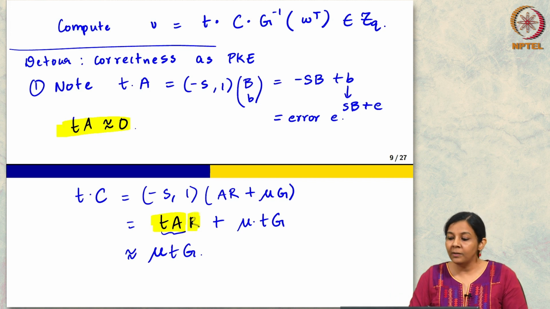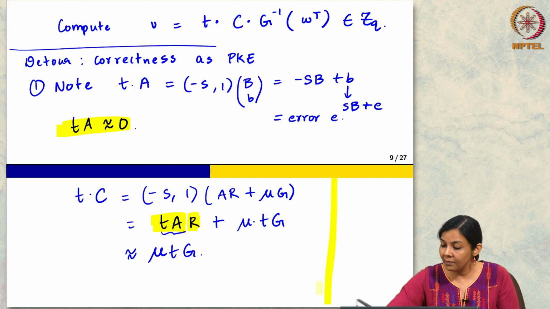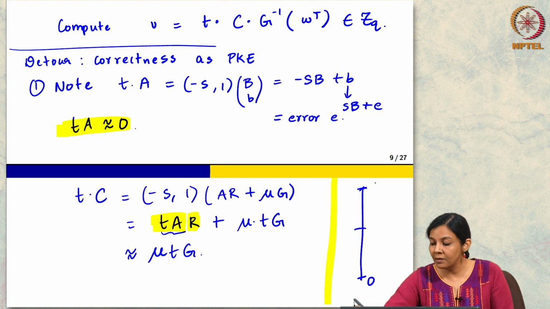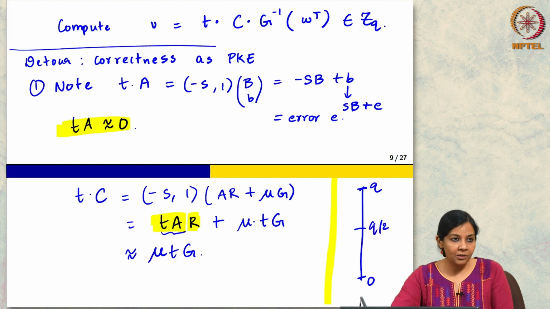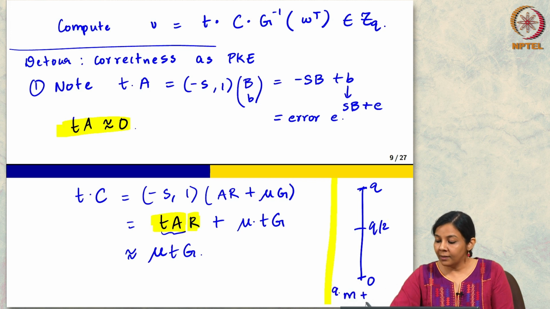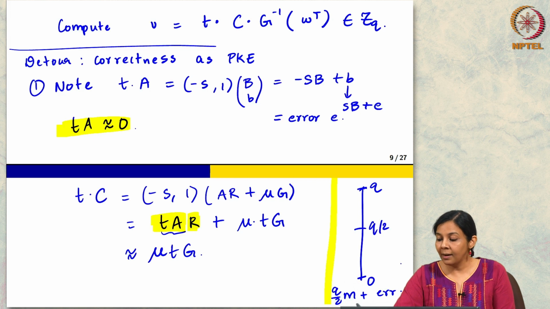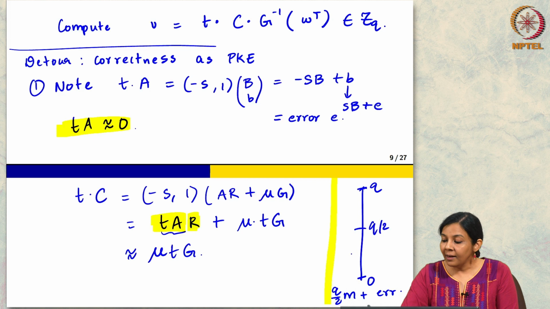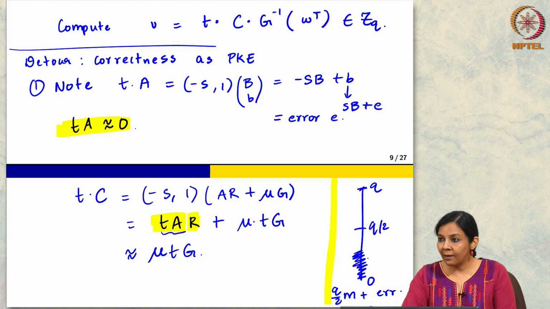If you remember yesterday we saw this picture, remember. So, we saw this picture that if this is 0 and q by 2, right, I am scaling my message with q by 2. So, if I recover q by 2 times m plus error, right, and my error is less than q by 4 for example, then when my message is 0, the output will be somewhere here.